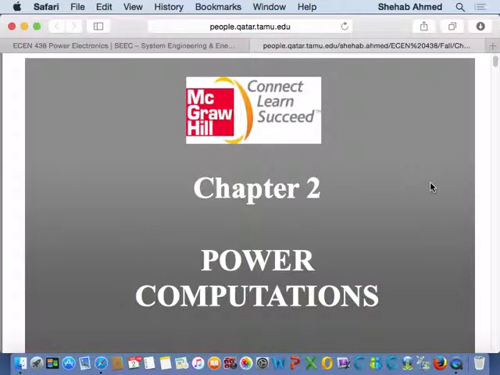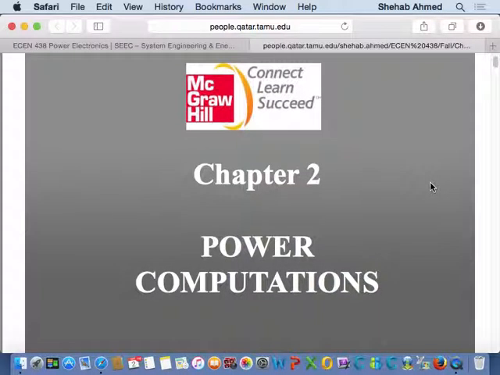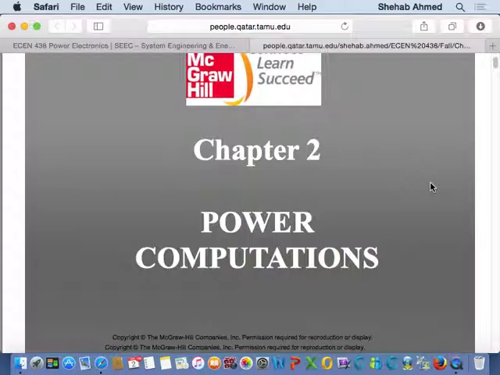Moving on to chapter two. Chapter two is basically a review of what you've done before. It's the equations for power, RMS, average value. The whole chapter is that. It's a bit boring, nothing new, but it will be very useful.